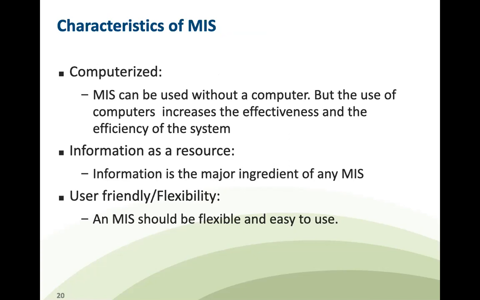Here, information is used as a valuable resource. Information is the major ingredient of any management information system. That's the basic, most important ingredient. Then user-friendly and flexible: a management information system should be flexible and easy to use.